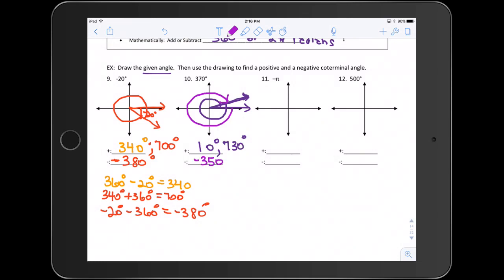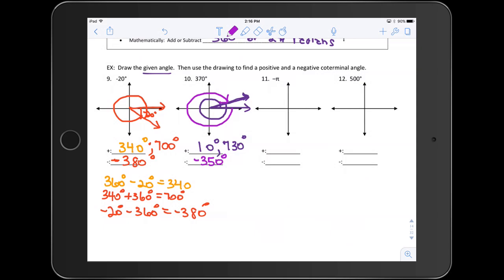So really the trick is to understand that positive angles go counterclockwise and negative angles go clockwise, and a full circle is 360 degrees, or one full rotation. You could have just written one answer up here. In the positive, I would have just put 10 degrees myself, and then the other one I would write negative 350 degrees. And again, there's an infinite number of answers.